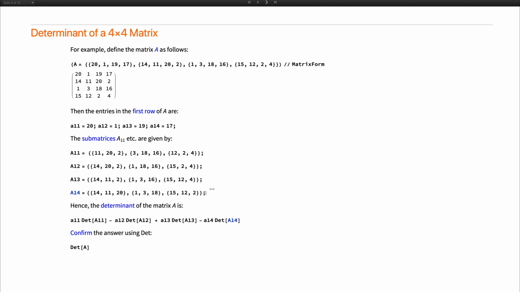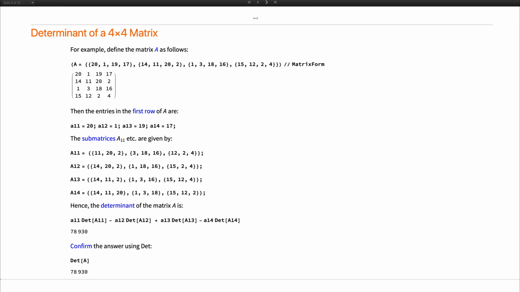For example, the fourth submatrix is obtained by deleting the first row and the fourth column. So you get 14, 11, 20, 1, 3, 18, and 15, 12, 2, like you see here. Then you apply the definition to work out the alternating sum, and you get an answer which is quite large, but you can check it with det, and you get back the same answer.